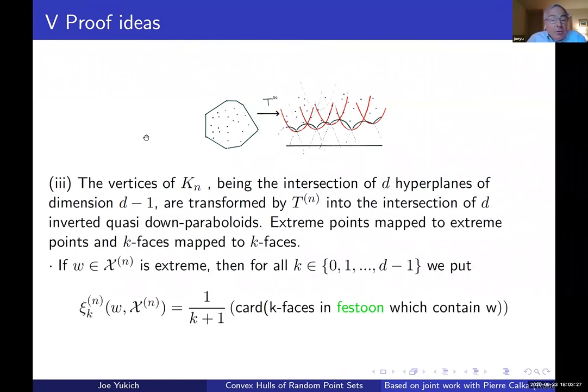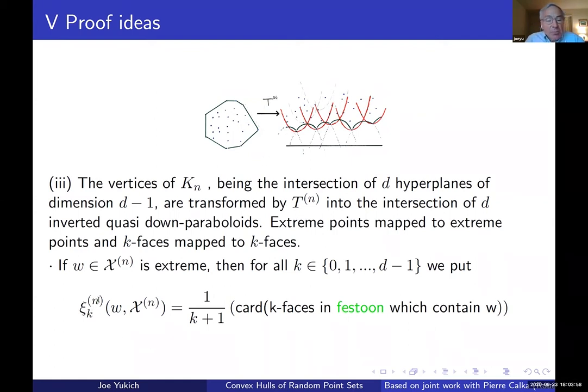All right, so let's now consider any point here in the right-hand picture, extreme point or not, and to every point in the right-hand picture, we attach a score. Now, because the points in the right-hand picture involve quasi-paraboloids that depend upon n, we need to attach a score to points that reflects this dependence on n.